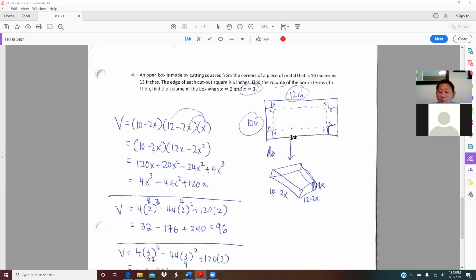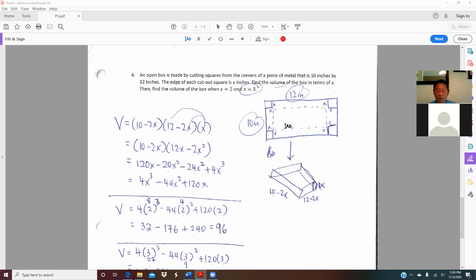That means you have a rectangle that is 10 by 12 inches, and on each corner you cut a square of x inches. So this is cut x. Let me show you an example. Let's say you have a piece of paper, and this is 12 inches and this is 10 inches.